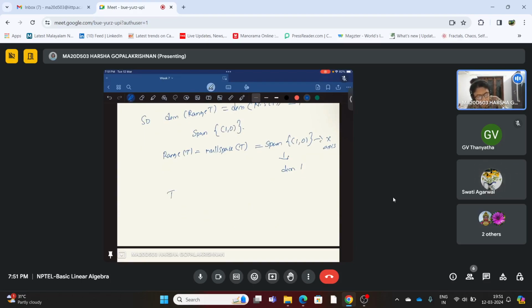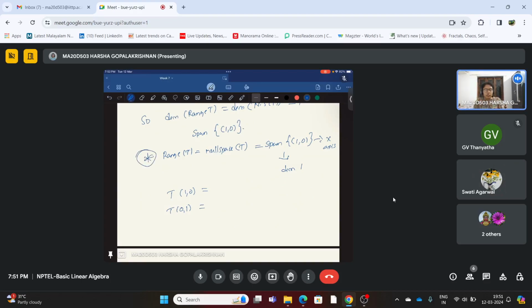As I told already, if T of (1,0) and T of (0,1) are determined, we can say what T of (x,y) is, correct? Now, can you say what is T of (1,0)? So we have this condition now, I am taking this.